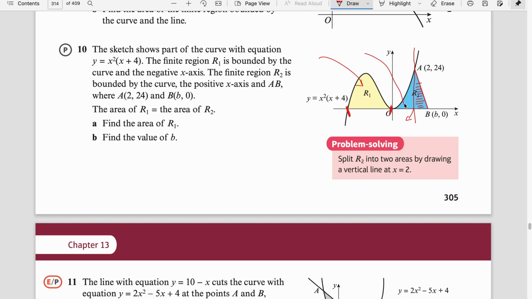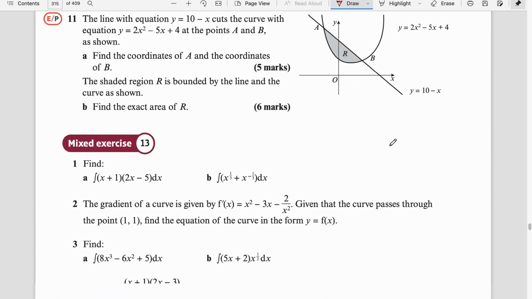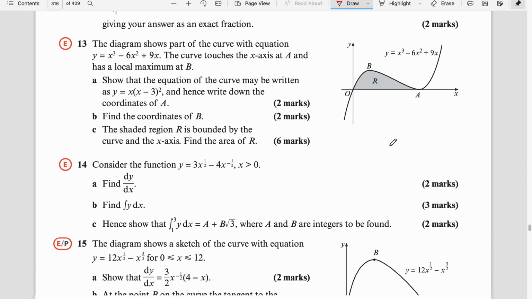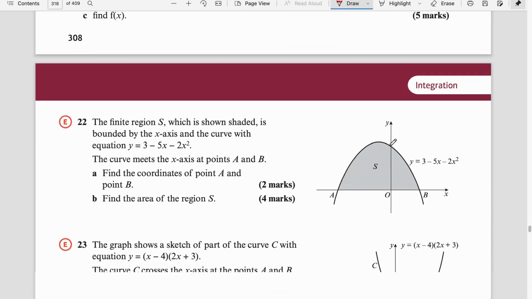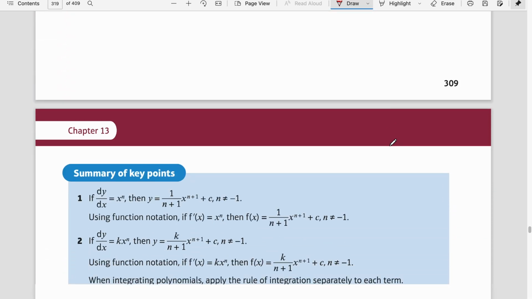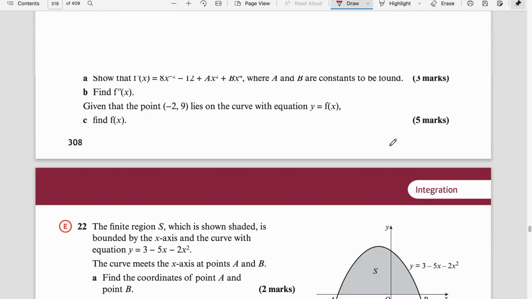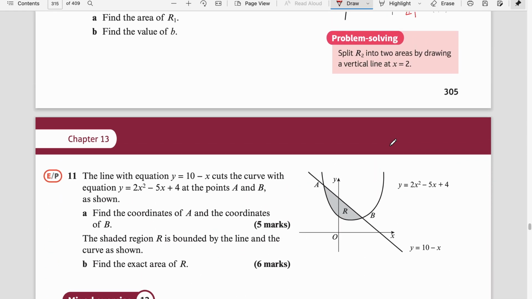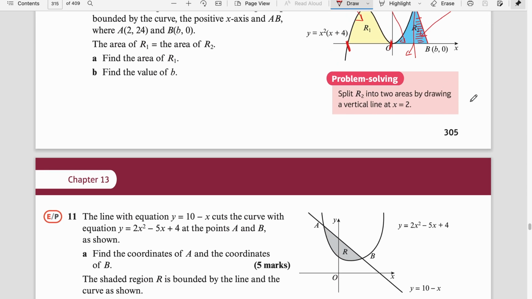First area, second area, third area, and then add them at the end. And that is it. There's no extra concept. Now we're left with practice.